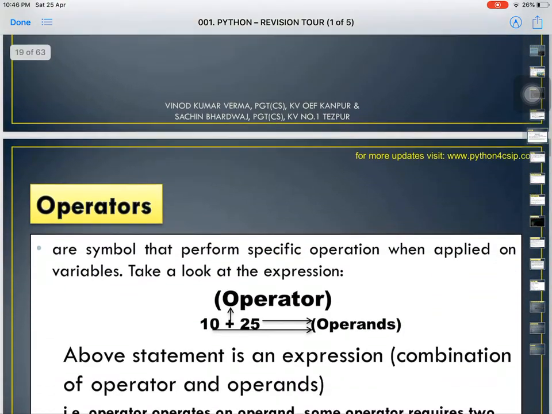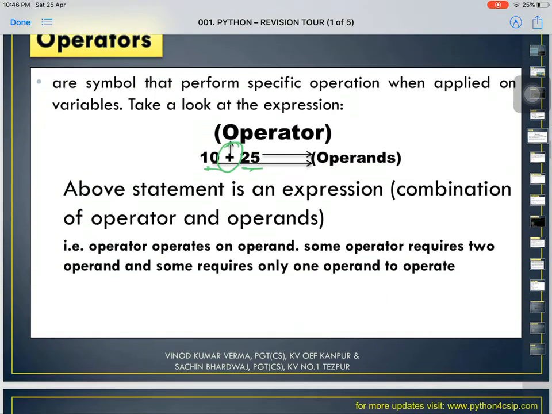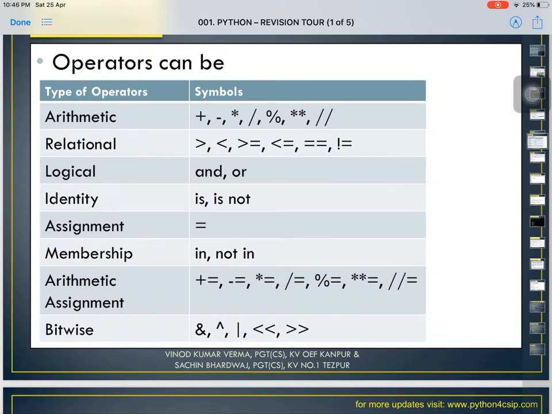Next, operators, we have done many operators. If I say 10 plus 25, so this is an operator, these two are literals, or operands. So, we have done many types of operators. Let us quickly see what the operators are. Arithmetic operators: plus, minus, multiplication, division, remainder, exponent, and this is floor division.